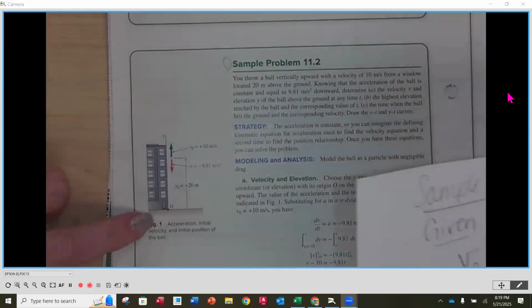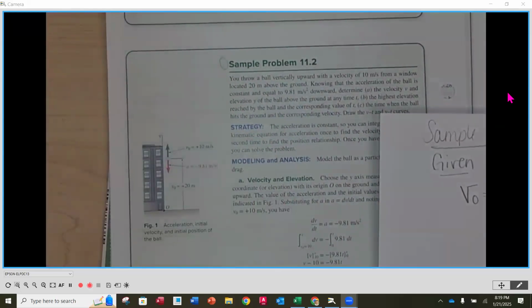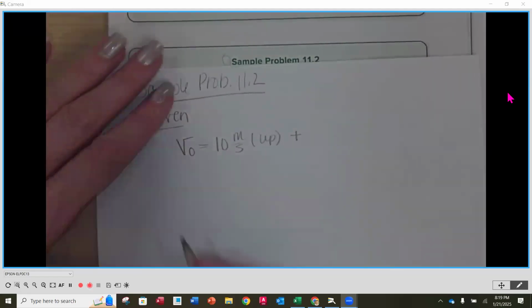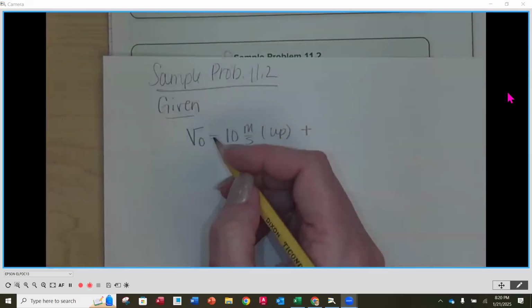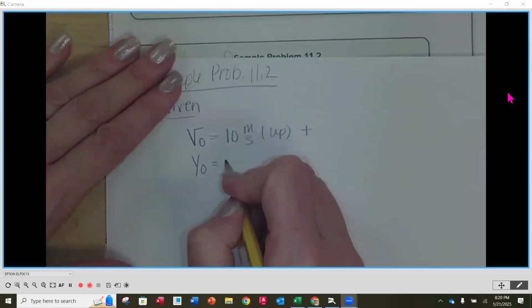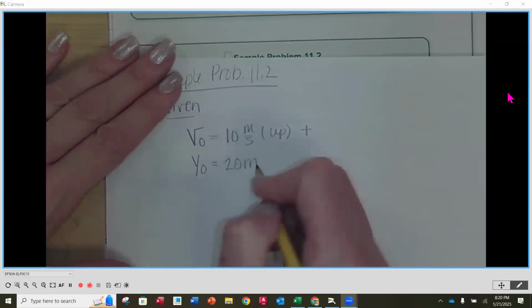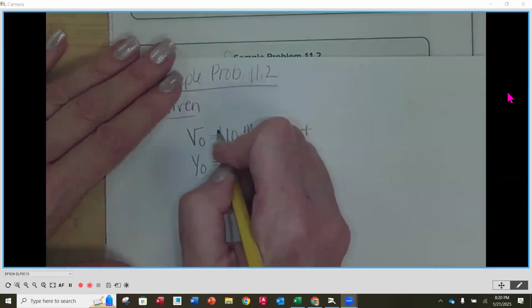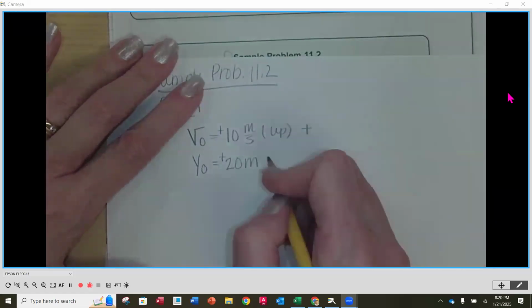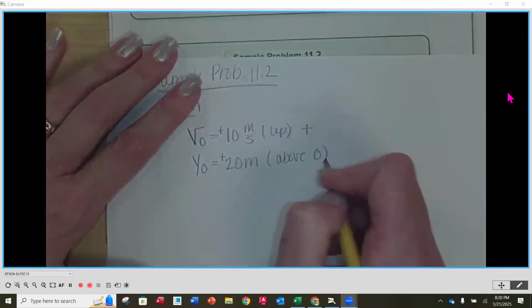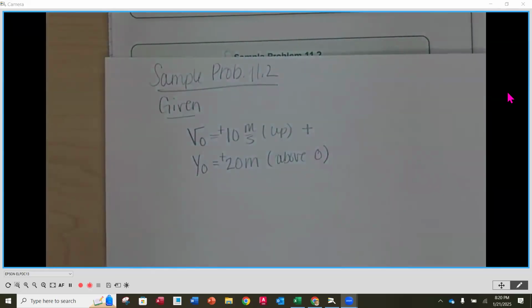So now in relationship to the ground, we know that the distance up to where we're throwing the ball up out of that window on that building, our Y, our distance, our position, our Y original is going to be equal to 20 meters. Okay. And it's going to be a positive value. I'm going to put the positives out front here where they should be, because again, it's above the origin.